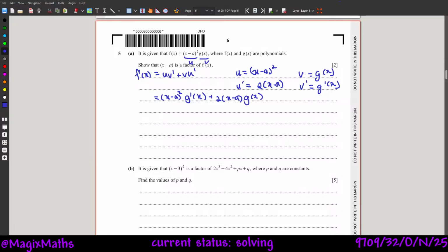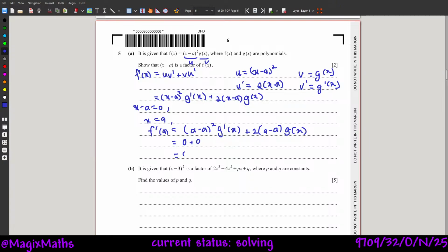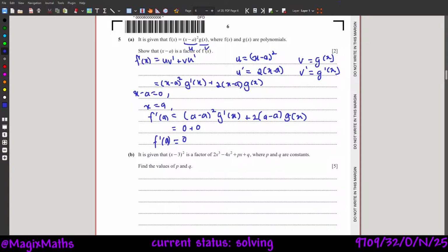And then x minus a is equal to 0, x is equal to a. f prime a is equal to a minus a squared g prime a plus 2 times a minus a times g(a). So we have a minus a is 0, 0 times g prime plus 2 times 0. So it's just 0 plus 0 is equal to 0. f prime a is equal to 0. Shown.